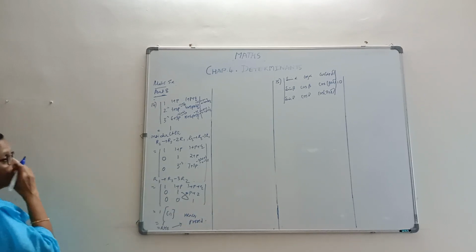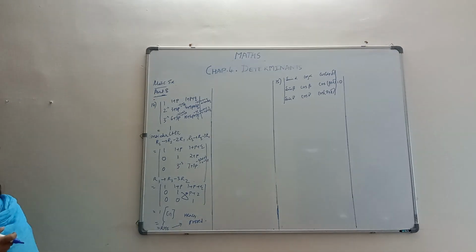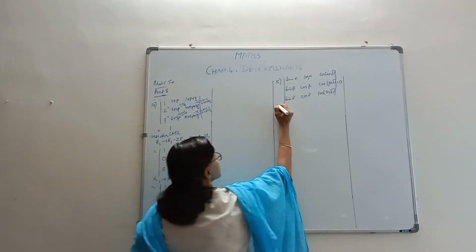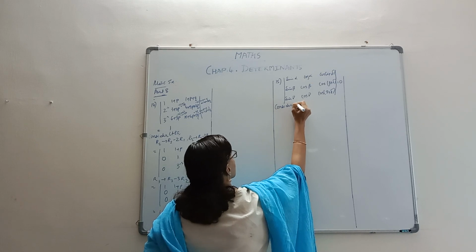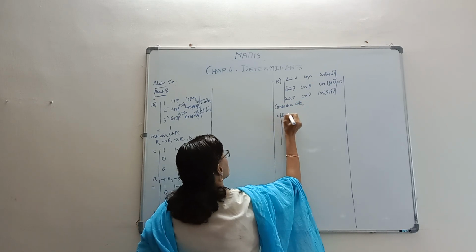That's our problem number 14. Now problem number 15 also, they have given us a trigonometric thing and they have asked us to show that it's equal to 0. So let's start right away by considering the LHS and expanding the last column.